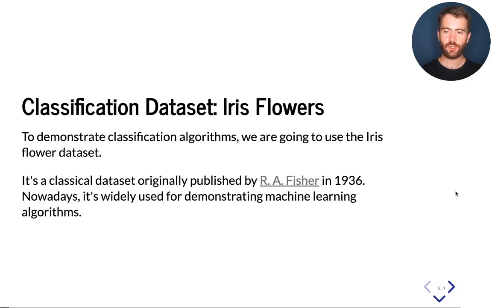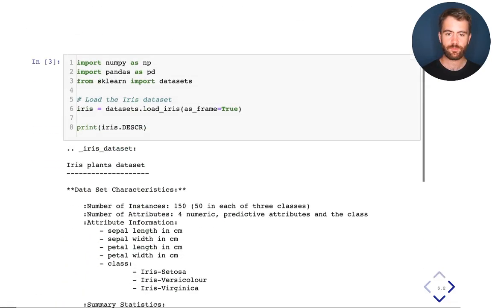Now, let's look at our first classification dataset. This is a dataset that was originally created in 1936 by the famous statistician Fisher, and nowadays it's widely used as a demonstration dataset for various kinds of machine learning algorithms.